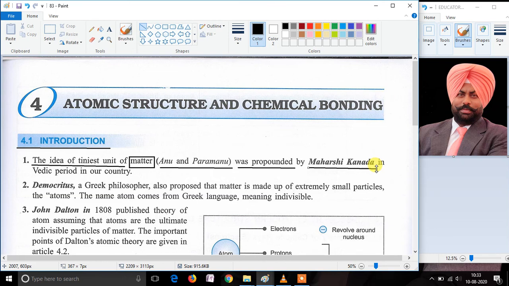He was the first person to propound the tiniest particles of matter, which in English is known as atom, but in Sanskrit is known as Anu and Paramanu. After Maharishi Kanad, the Greek philosopher Democritus proposed that every matter is made up of small particles, and those were called atoms in English.